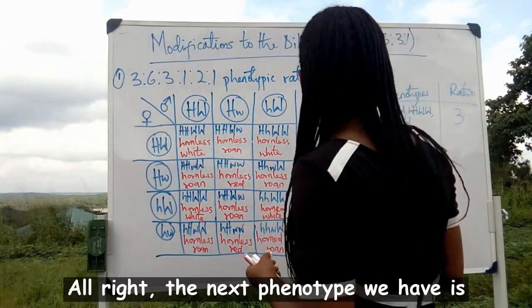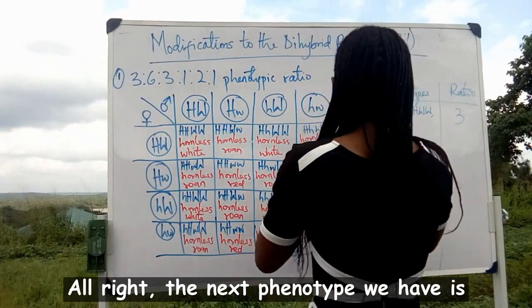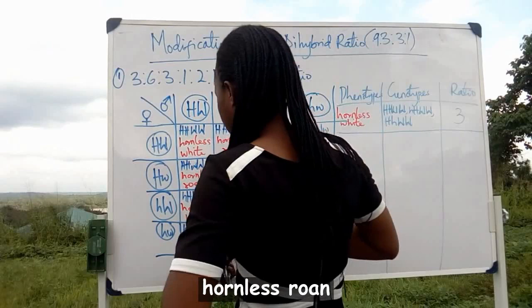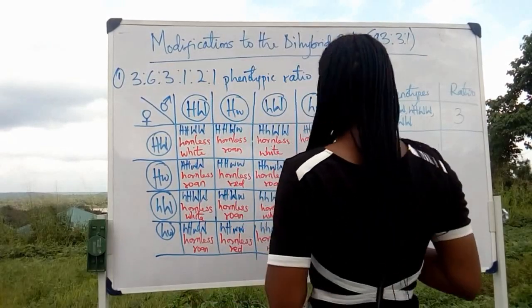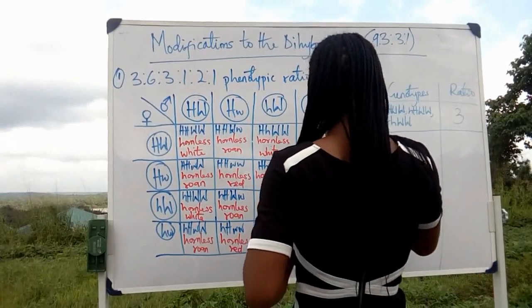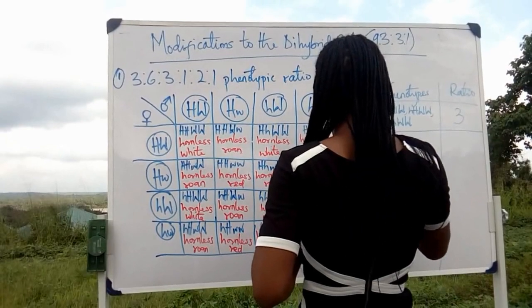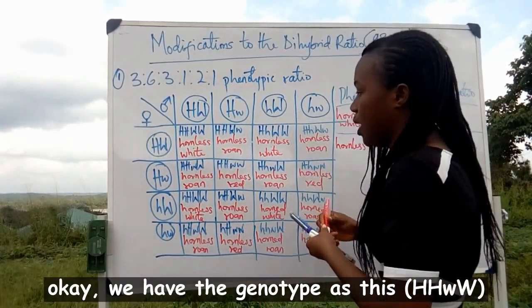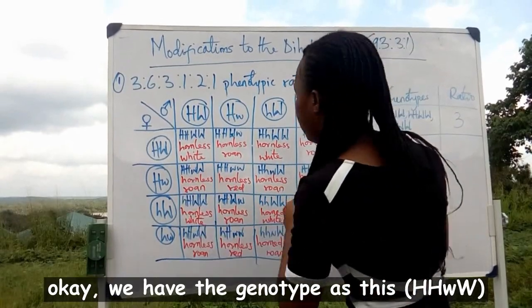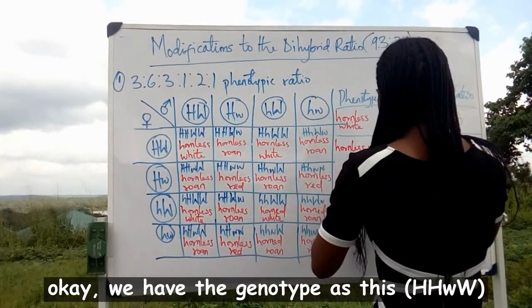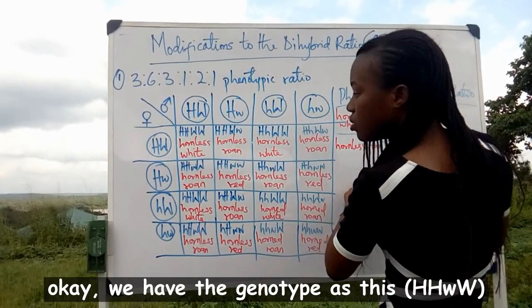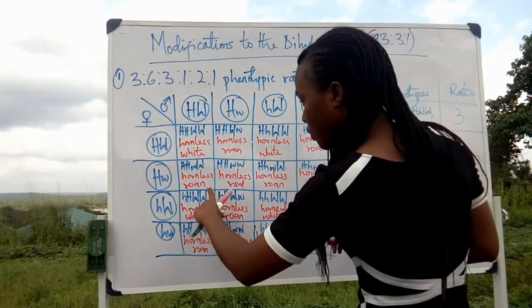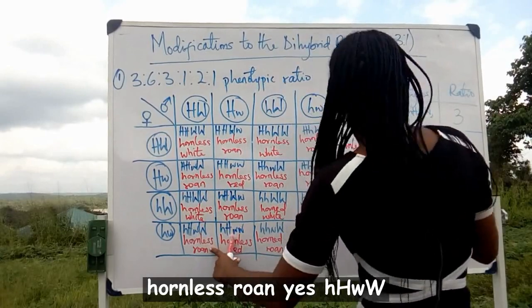All right. The next phenotype we have is hornless roan. We have the genotype as this: big H, small w, big W. Hornless roan, yes.